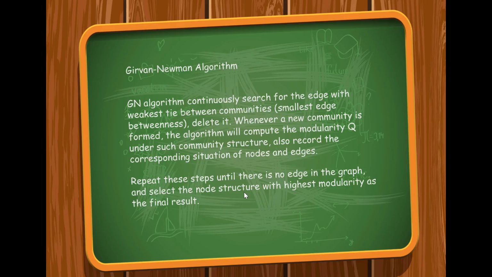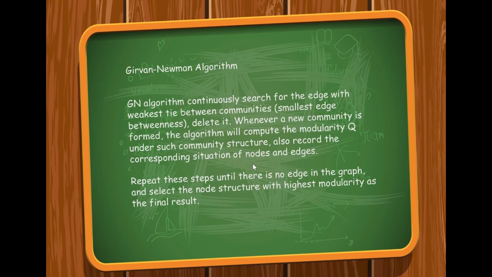Now let's go to the Girvan-Newman algorithm, and I will give you the idea of that algorithm. First, we assume all the nodes belong to one community, and we find the edge with the highest edge betweenness. We just delete it. So sometimes we may find that we form a new community. Then we compute the modularity under such a situation and record that node structure.